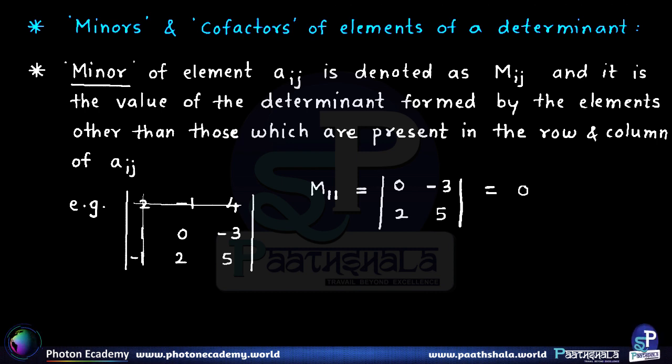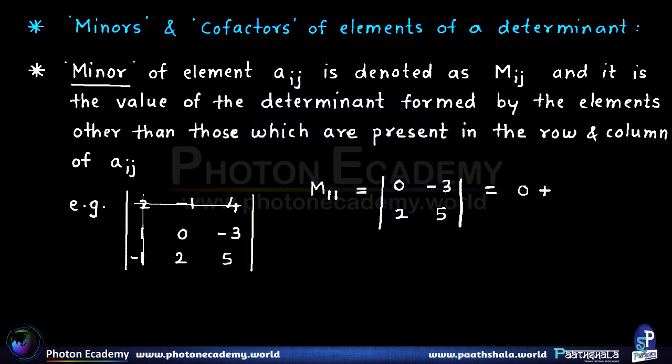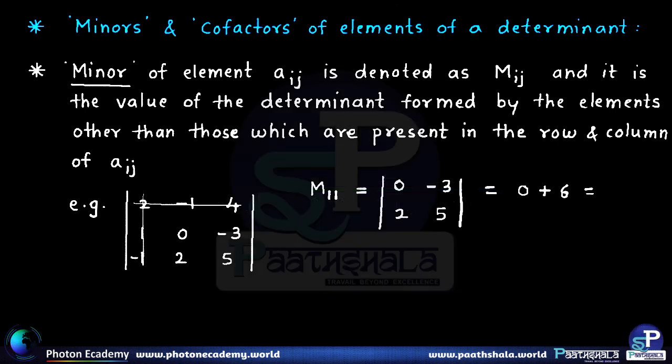So -6 is to be subtracted, which in a way is the addition of 6. So 0 plus 6 is 6. The final answer is 6. That is how we calculate the minor of any given element of the given determinant.